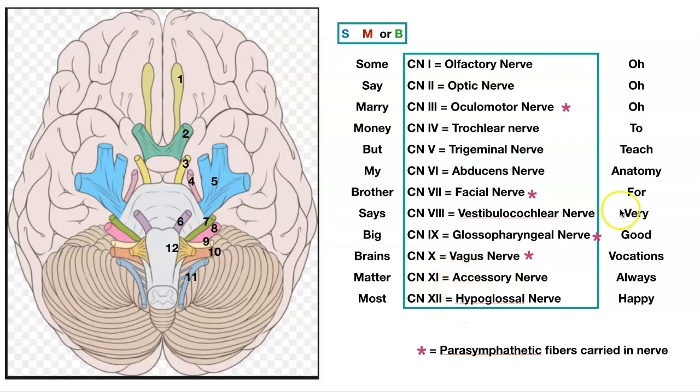So if you want to use this, or if you found another one that works for you: O, O, O, to teach anatomy for very good vocations, always happy. That'll work. And the ones with the stars, 3, 7, 9, and 10, these also have parasympathetic fibers carried in them. So let's get started and see what each of these looks like.